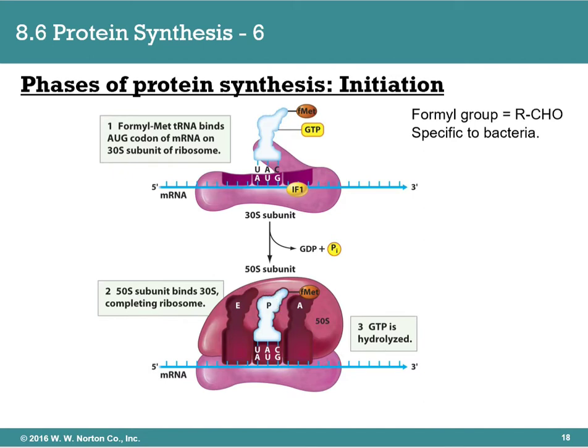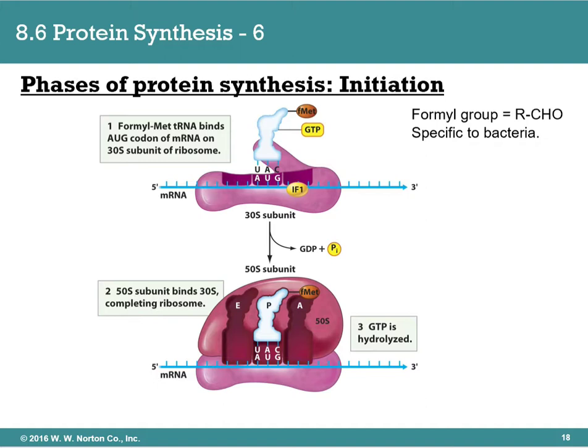So what will happen is that the 50S subunit will join the 30S subunit and make a complete complex. So make a complete ribosome in that case.